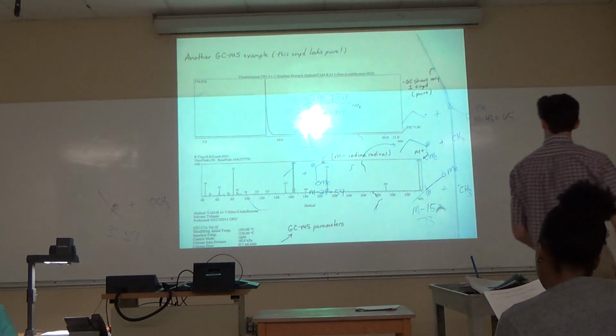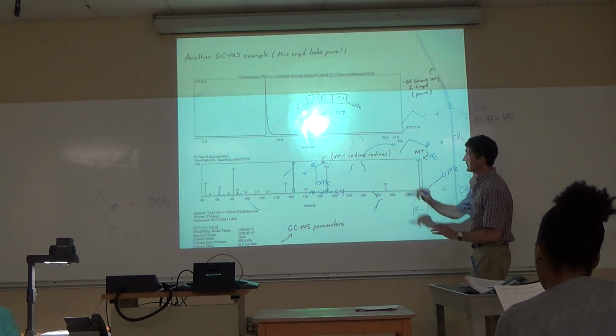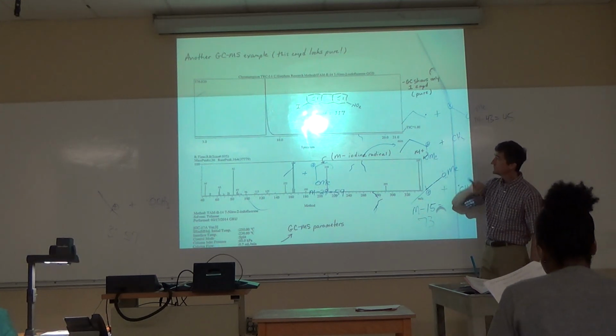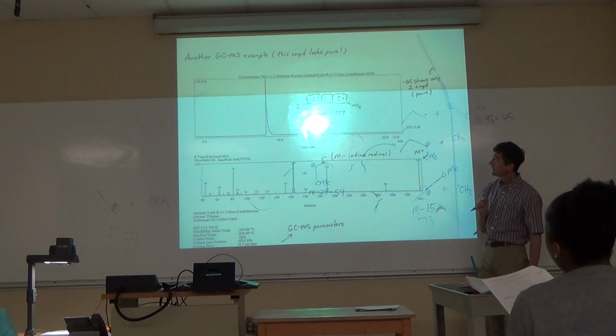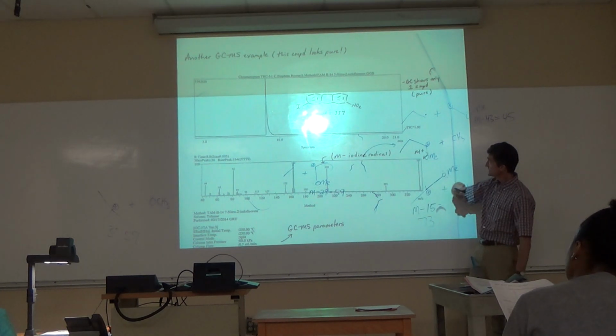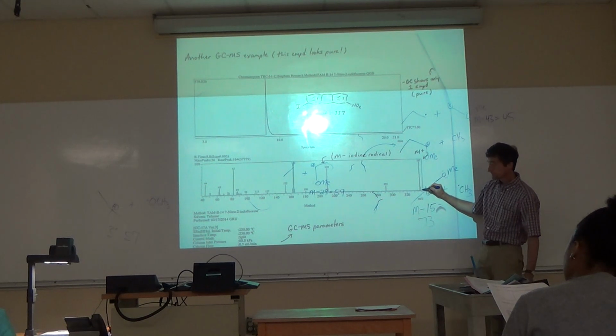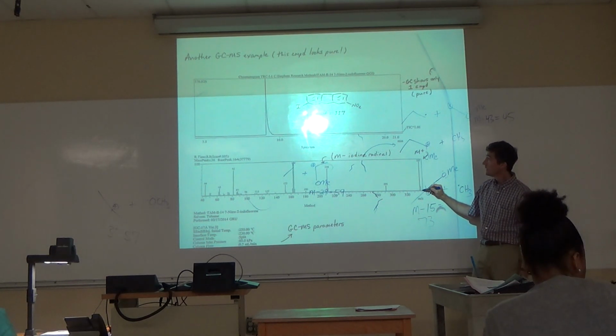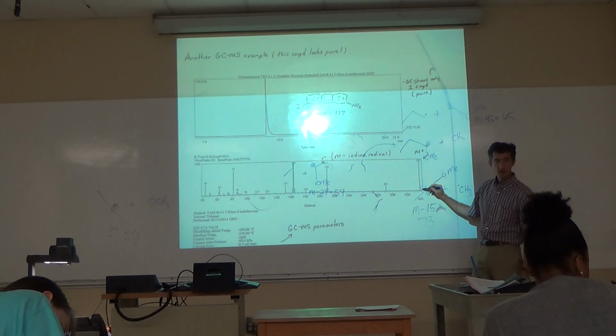Okay? In this sample, 99% of the carbons are carbon-12, and 1% are carbon-13. If one of the carbons is a C13, the mass is going to add up to 338. This is where one of the carbons in the molecule is C13.